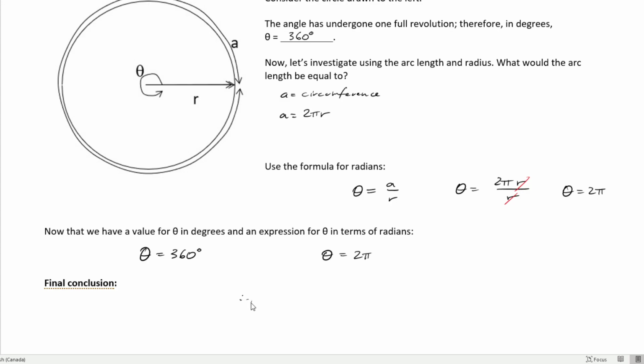So therefore, 360 degrees is equal to 2 pi, and alternatively, 180 degrees is equal to pi. So that right there represents the relationship between radians and degrees.